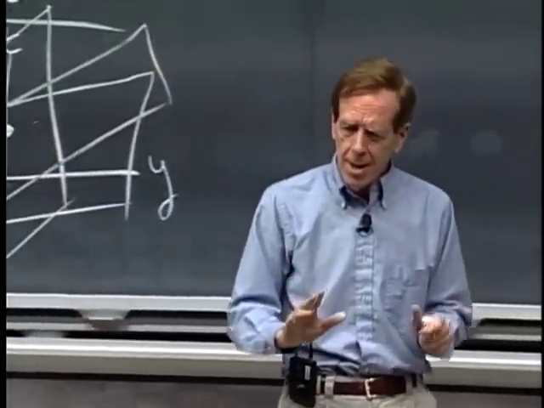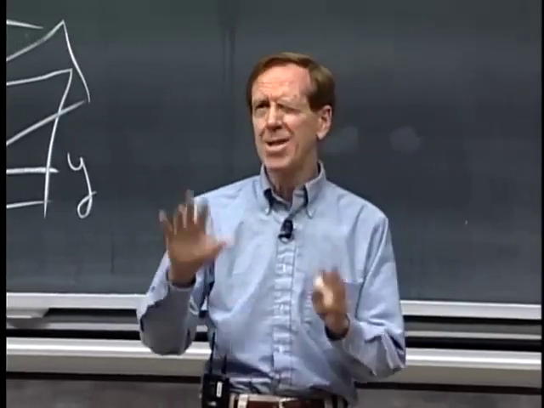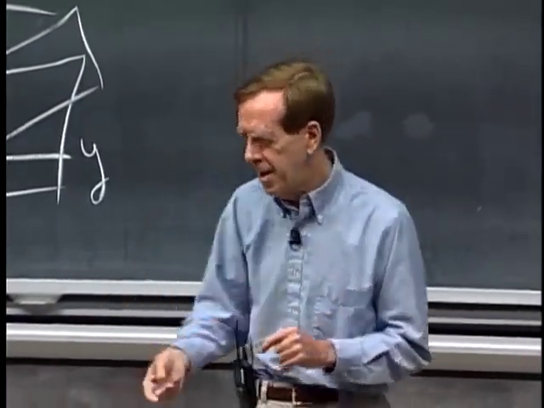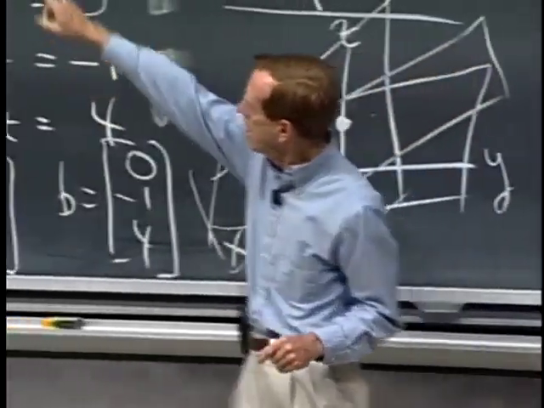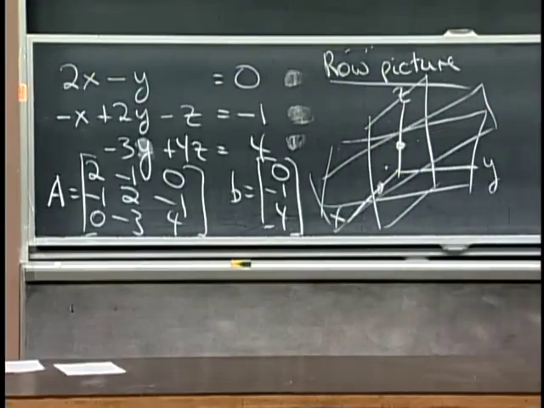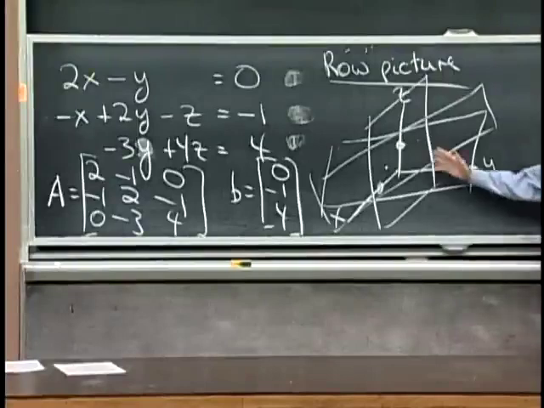But maybe you can see that this row picture is getting a little hard to see. The row picture was a cinch when we looked at two lines meeting. When we look at 3 planes meeting, it's not so clear, and in 4 dimensions, probably a little less clear. So, can I quit on the row picture?